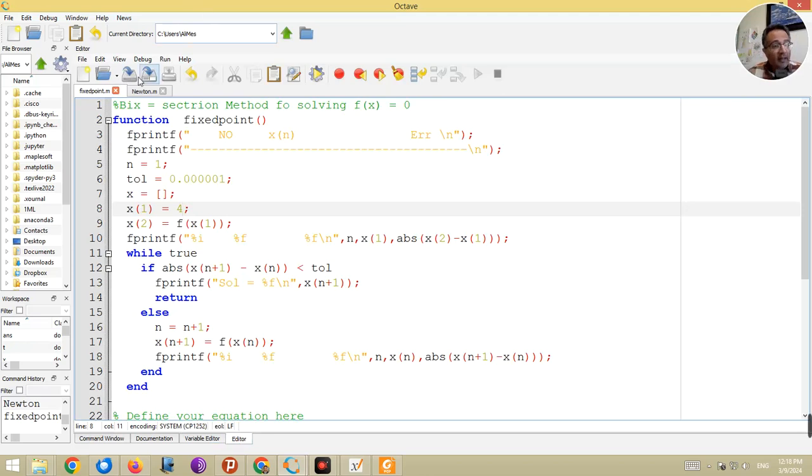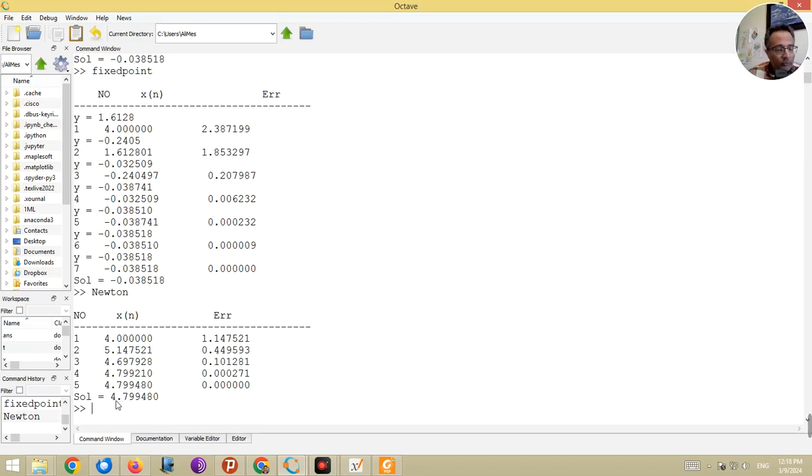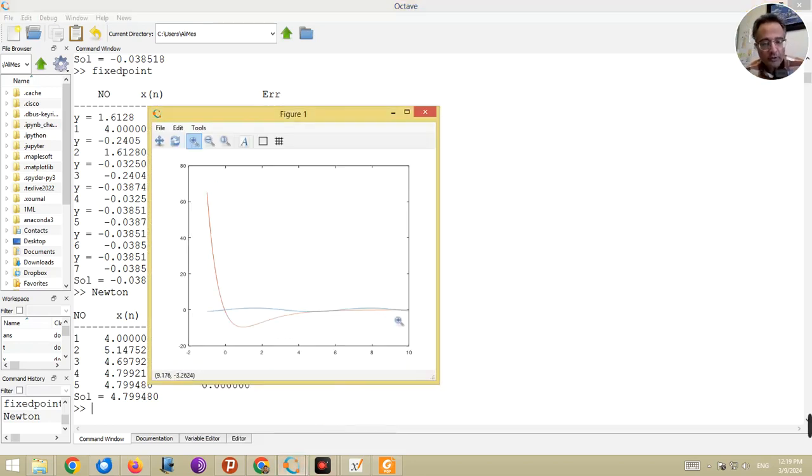But if I try the Newton method with the new starting point 5, for example, and I run the program, I get a new root, 4.79. It's good. So by Newton method, if I choose the starting point near another root, I can get another root.